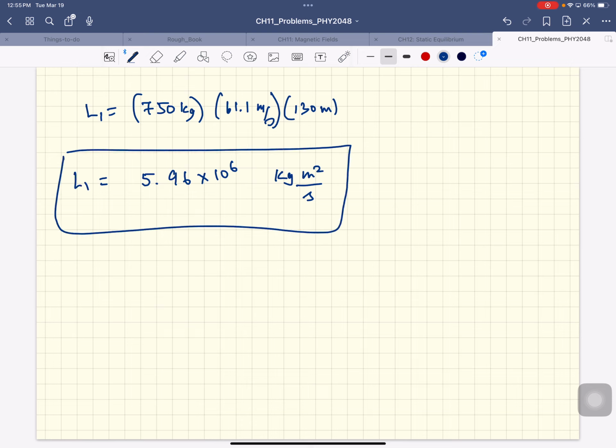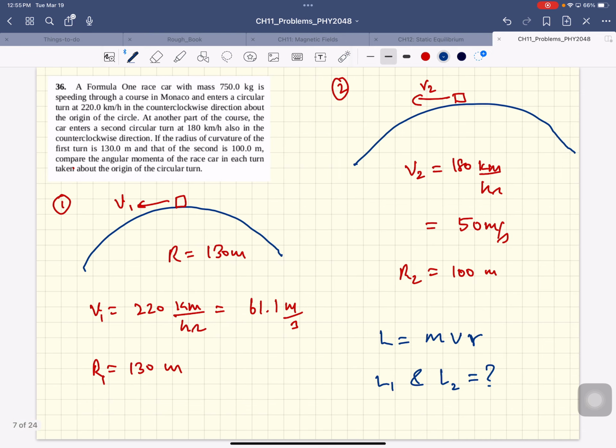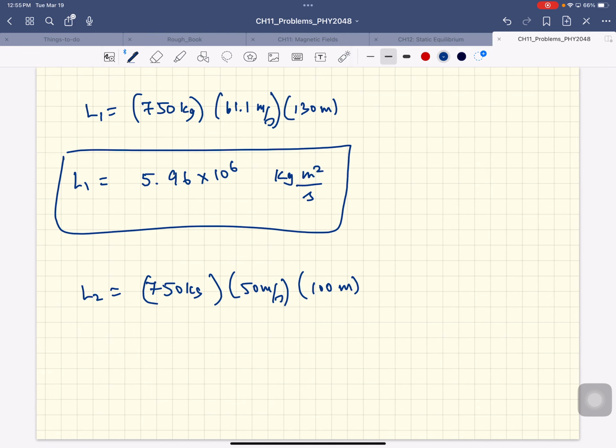Okay, so that's the angular momentum. And L2 similarly is 750 kgs times 50 meters per second. All is good?